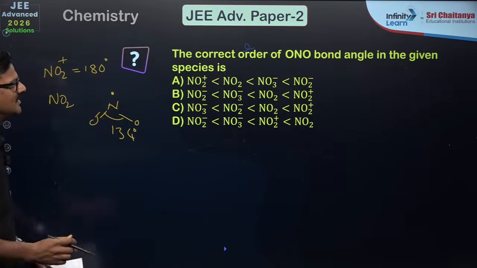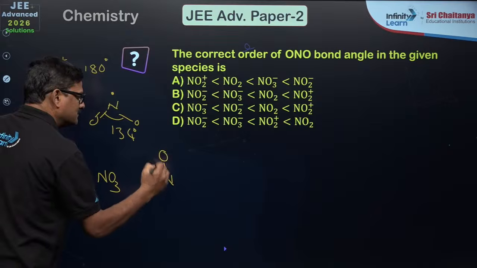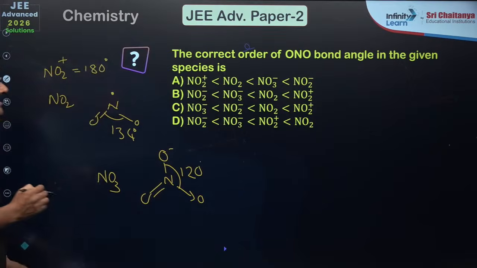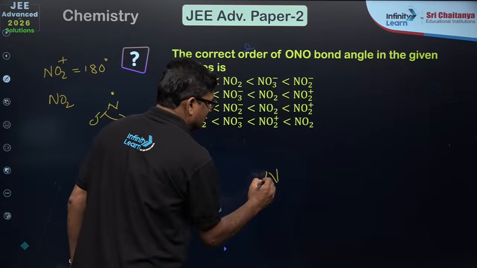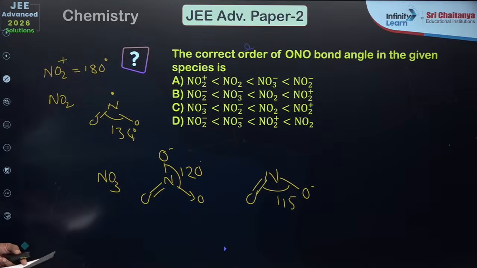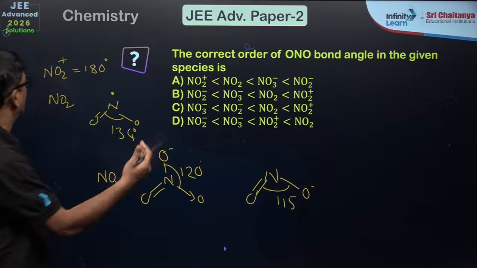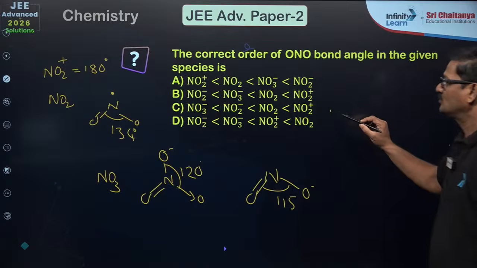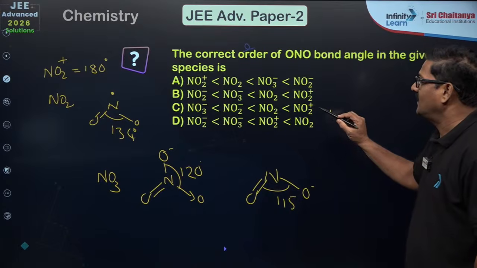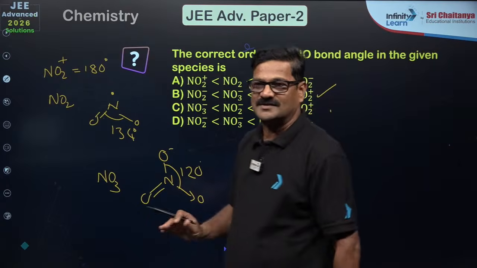NO3 minus is going to be exactly 120 and NO2 minus is coming to be 115. So the order is NO2 plus 180, greater than NO2 134, greater than NO3 minus 120, greater than NO2 minus 115. So option B is the correct answer for this question.